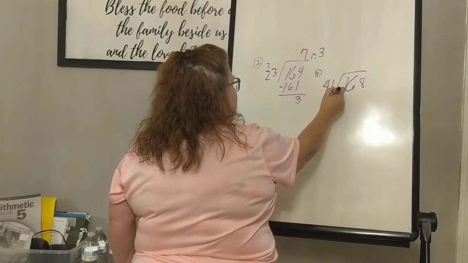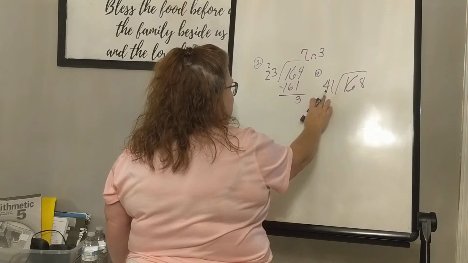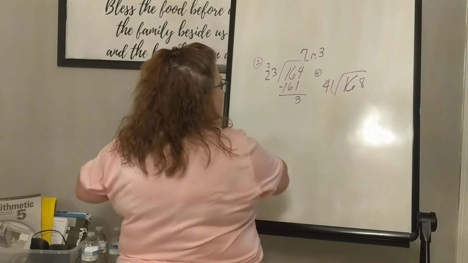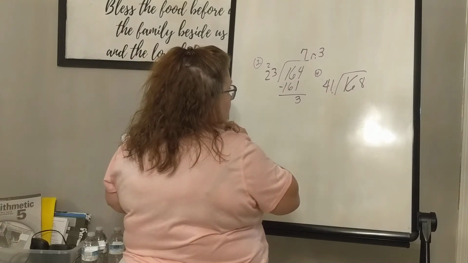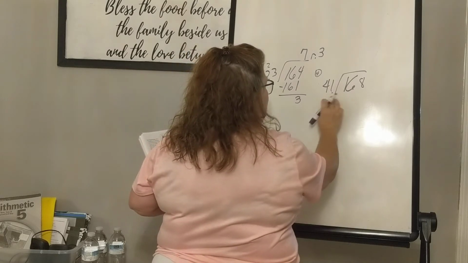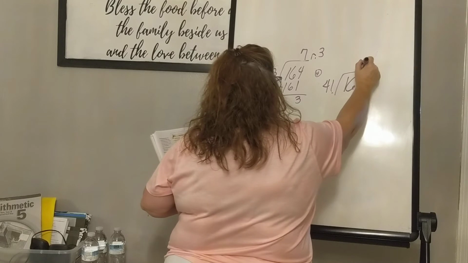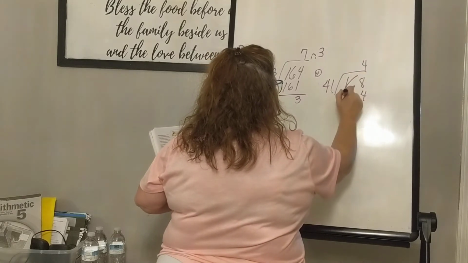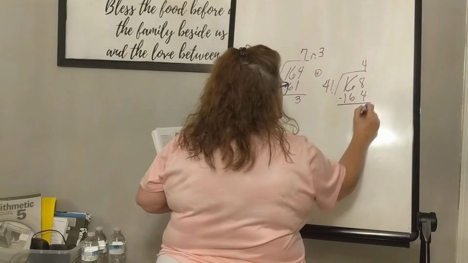I looked at my 1, it was less than 5, so I know I can just use my first digit as my pretend divisor. 4 will go into 16 4 times. So 41 can't go into 16, but it can go into 168. So we'll put our 4 up here above our 8. 1 times 4 is 4, and 4 times 4 is 16. We subtract. 8 minus 4 is 4.